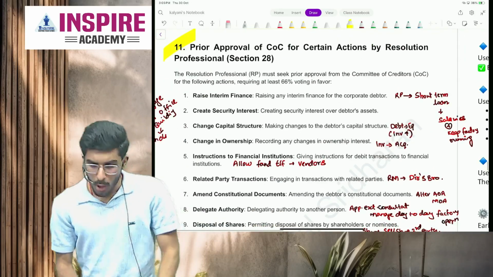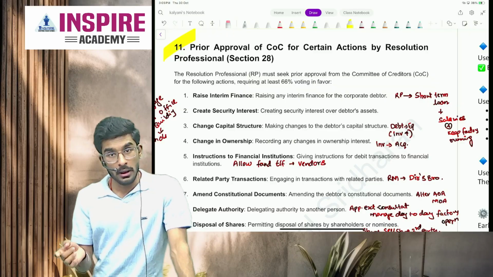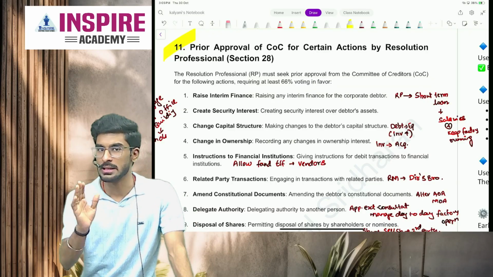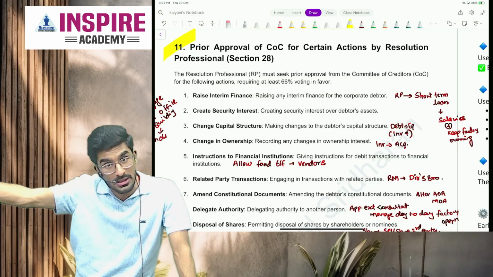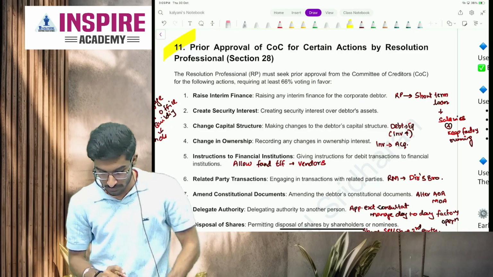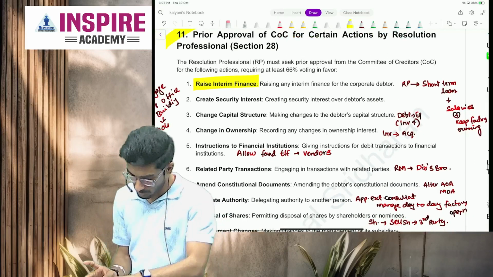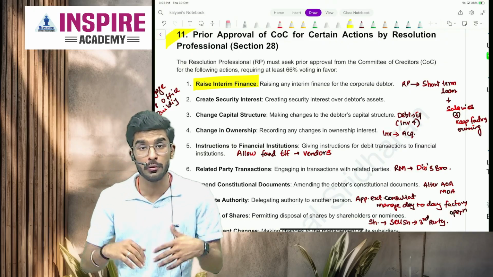So, what all decisions, what all actions of RP require prior approval of the committee of creditors? Yes or no? Let's understand what are those decisions where COC's approval is mandatorily required. Number 1 is, people, raising interim finance. RP can raise short-term loans for what purpose?